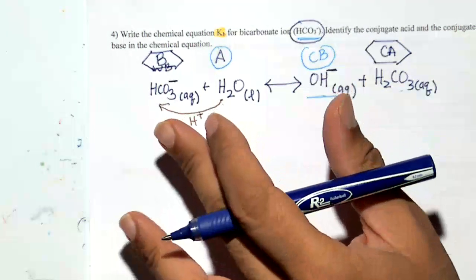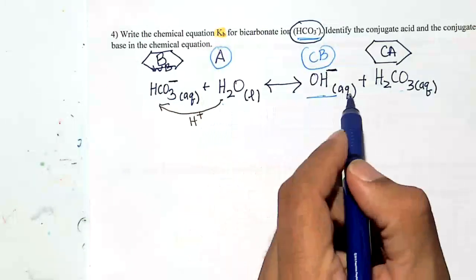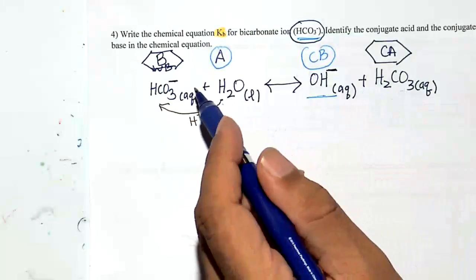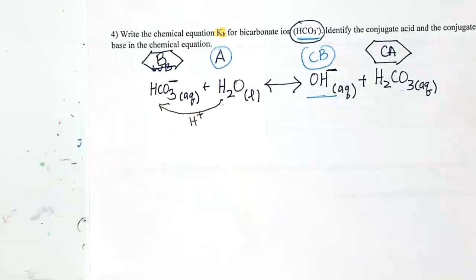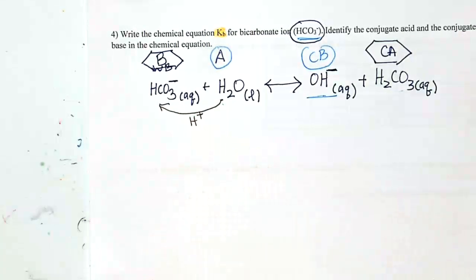So we are balanced in charge, and we should be balanced as an equation. And I believe we are. A quick check tells me that yes, we are balanced. So make sure you are charge balanced as well as atom balanced. Any questions on this?